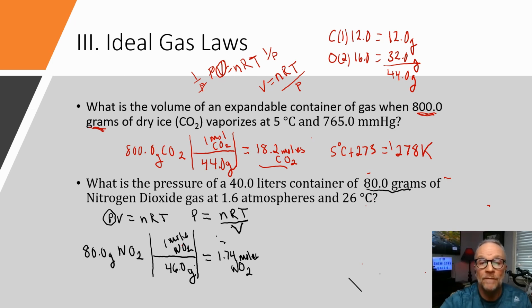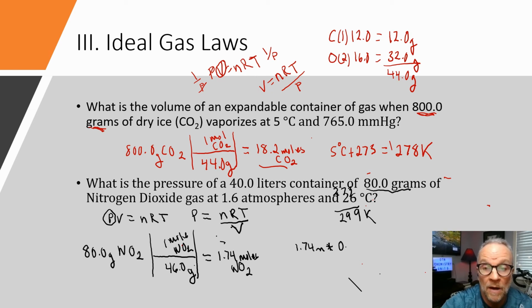And so now we've got n and V, and we just got to get a temperature here. 26 plus 273. Let's do that right here. Be 299 K. Okay. So let's plug that in to our P is equal to nRT over V. So it would be 1.74 moles.